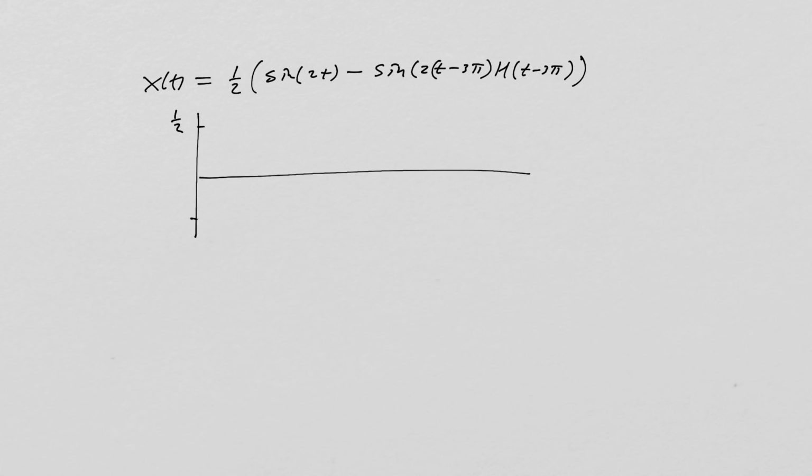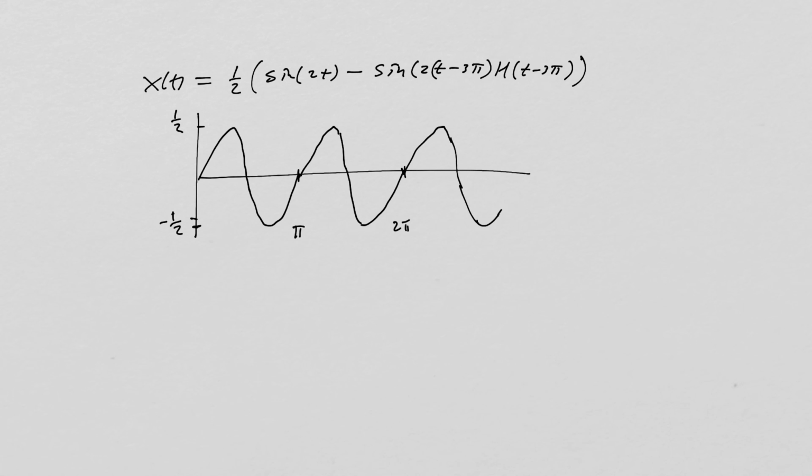We have 1/2 here and negative 1/2 here. So that was the first oscillation, the second oscillation, and the third oscillation at 3 pi. And after that, it's all going to be 0. Here we had a pulse that started our oscillation.